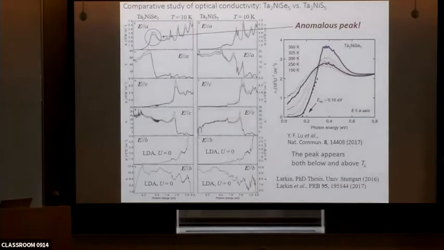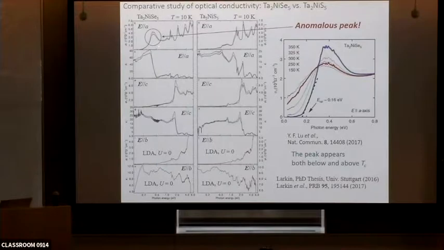And recently, a comparative study of the optical conductivity between the selenium system and the sulfur system, which Dr. Boris showed. This panel is the selenium system, and these panels are for the sulfur system, 10 Kelvin data. This is the optical conductivity along the A-axis, electric field along the A-axis.